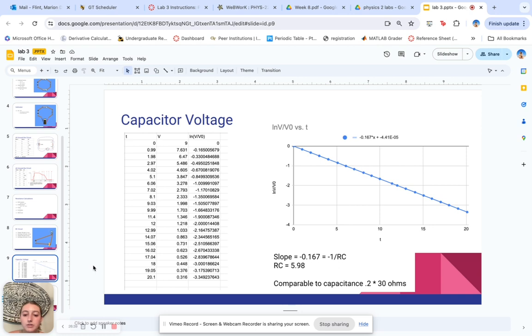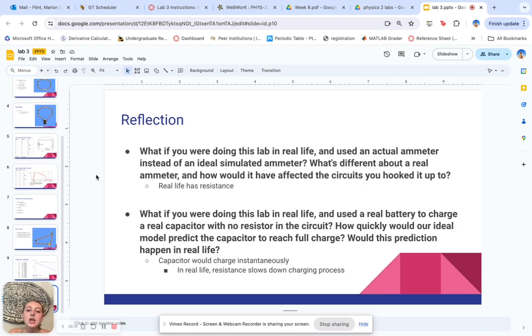Our slope was -1 over RC, and we got that RC was 5.98. And I wrote that this is comparable to capacitance 0.2 times 30 ohms.